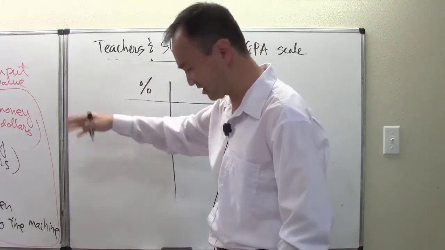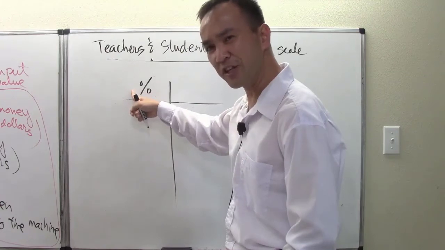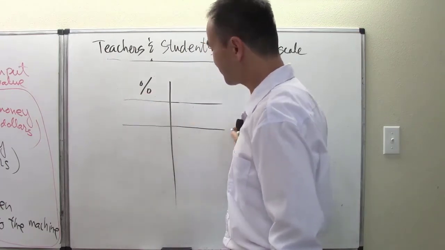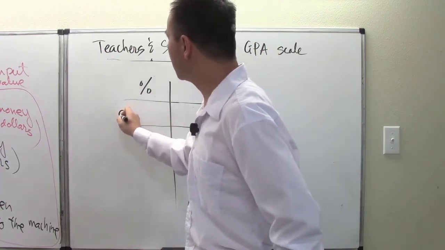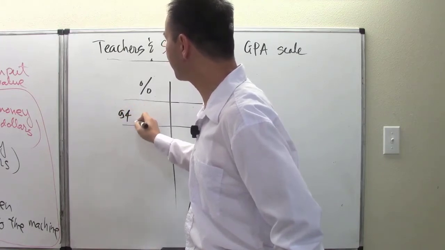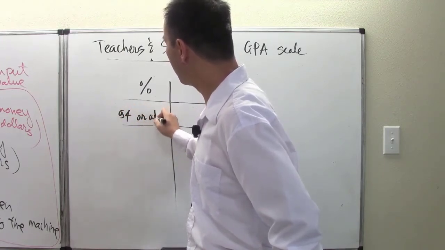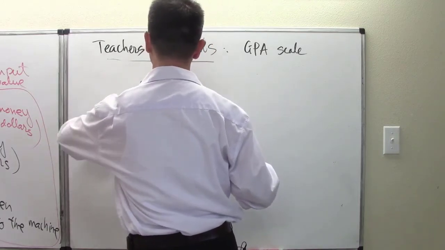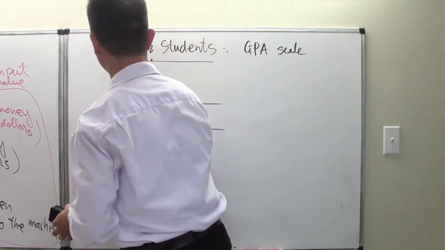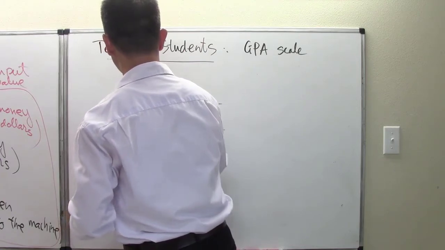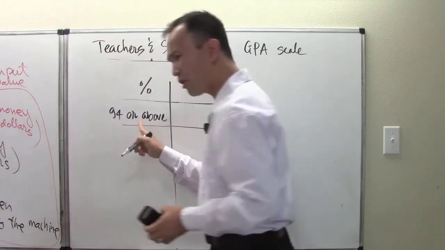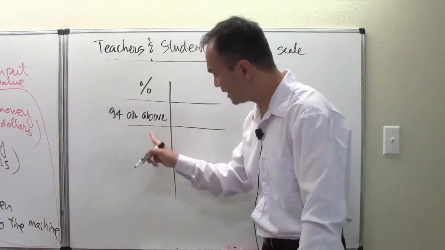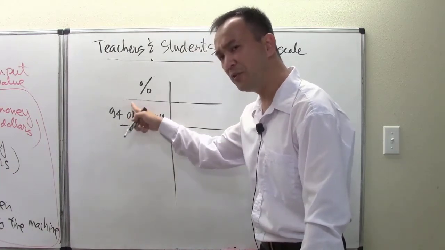say if your final percentage is 94% or above. I'm running a little bit out of space, so allow me to rewrite it, 94 or above. So it's not only one value here, but quite a few values in this interval.